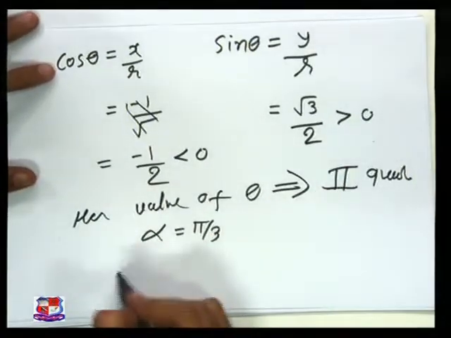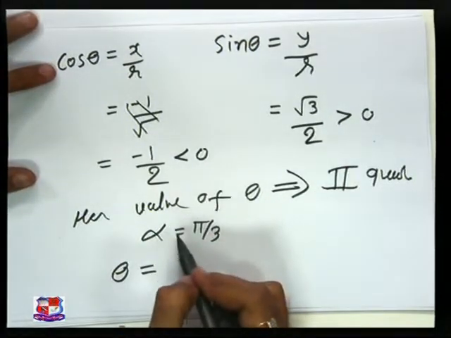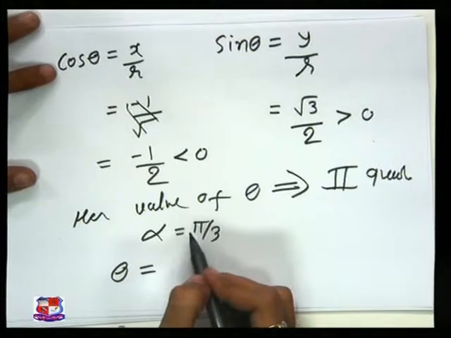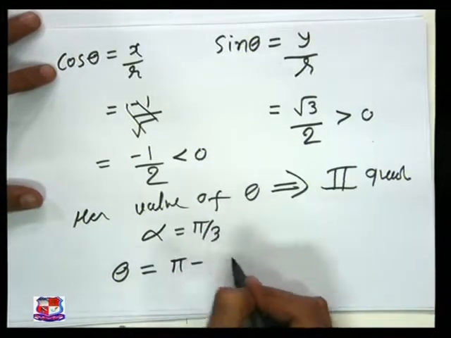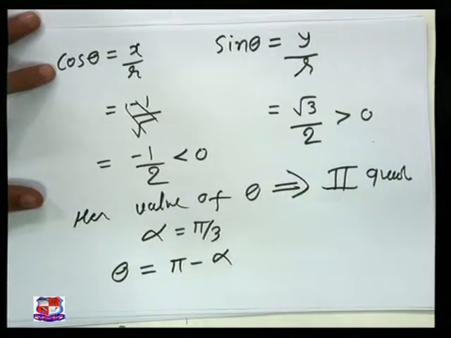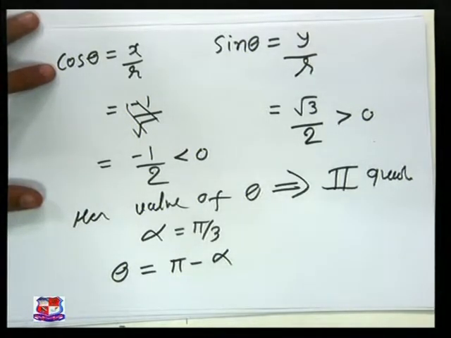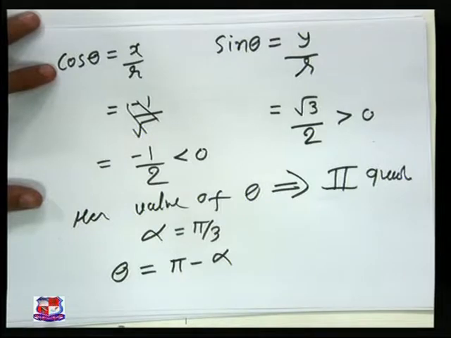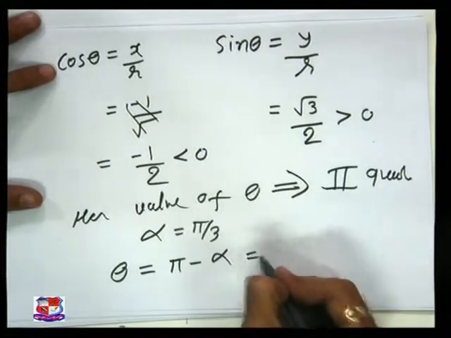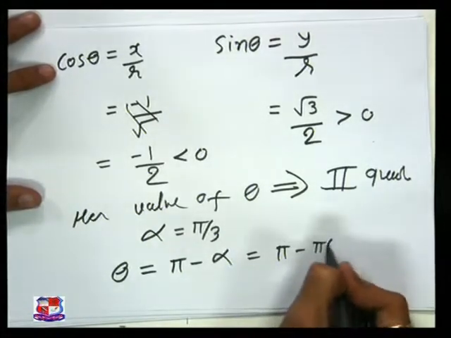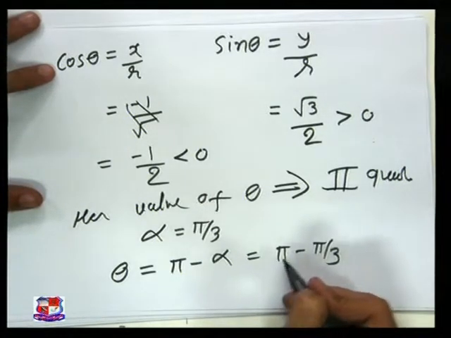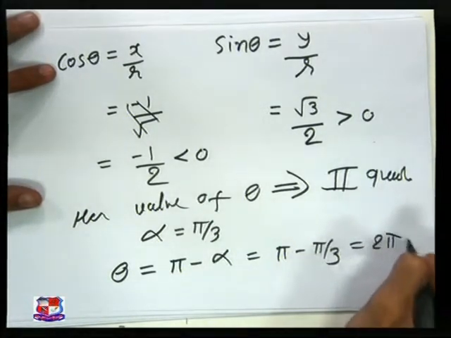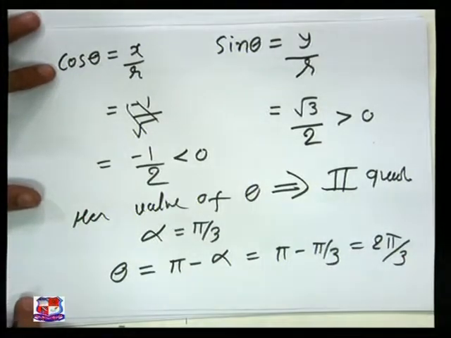Because this angle is in the second quadrant, we write theta is equal to pi minus alpha, since we are going to take the principal argument. So theta is equal to pi minus pi by 3, which is equal to 2 pi by 3.